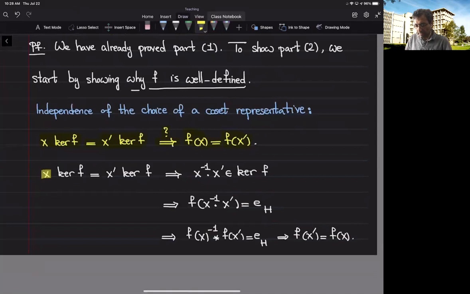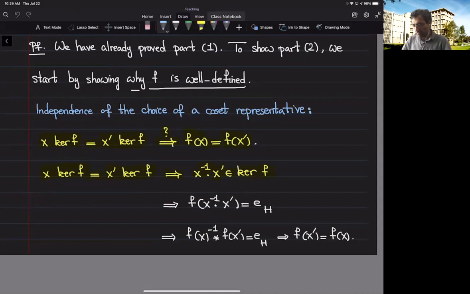Okay, so let's start with the hypothesis. Knowing that these two left cosets are equal is equivalent to saying that inverse of X prime times X belongs to the kernel of F. So it is equivalent, in fact, to saying that X inverse times X prime or X prime inverse times X belongs to the kernel of F. Okay, so far so good. But what does that mean? What is kernel of F? Kernel of F consists of all those elements of the domain that are mapped to the neutral element of the codomain.